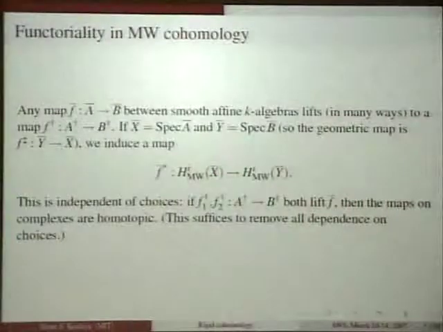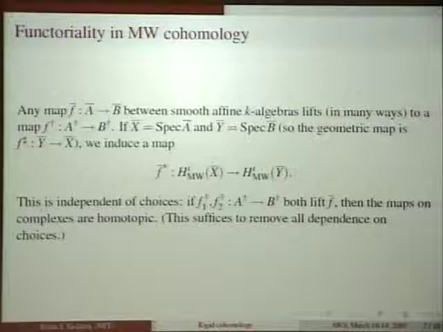Okay, here's why they don't depend on the choice. Take the identity map from A bar to itself, and take two different A daggers, A dagger 1 and A dagger 2. This statement says there's a canonical lift between them of the isomorphism from A bar to A bar, and likewise going in the other direction.